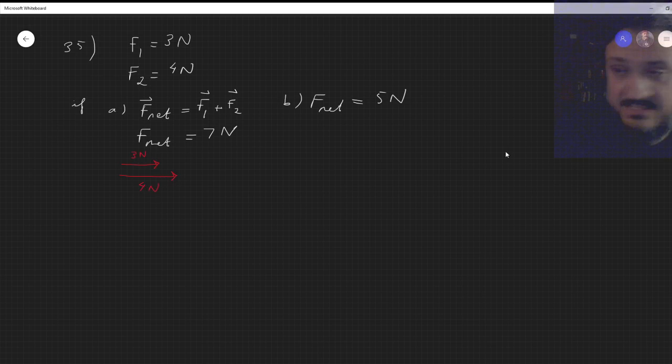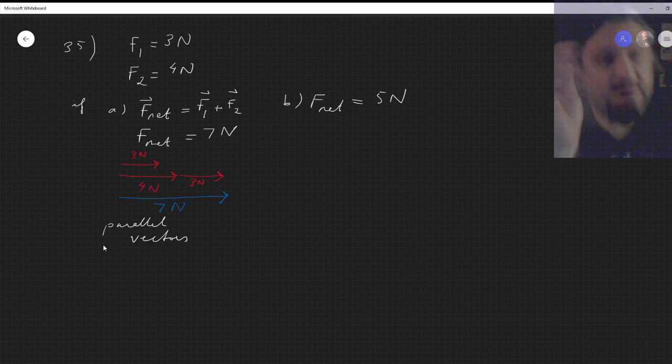If you bring that 3 newton over here, 3 plus 4, you will get 7 newtons. So the relationship between the two is 0 degrees or parallel. Parallel vectors. Okay? So A was easy.